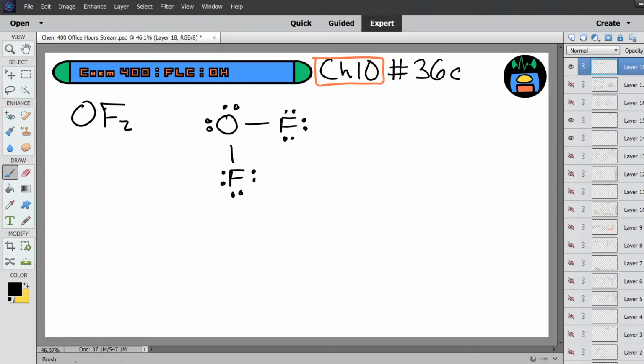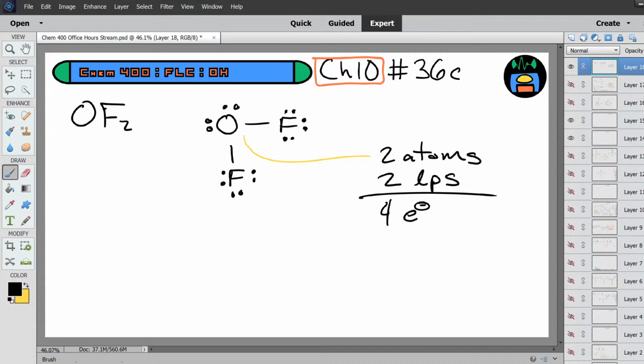And so for our central atom, oxygen, we have 2 atoms attached, 2 lone pairs, so 4 electron groups, which means our electronic geometry is tetrahedral.